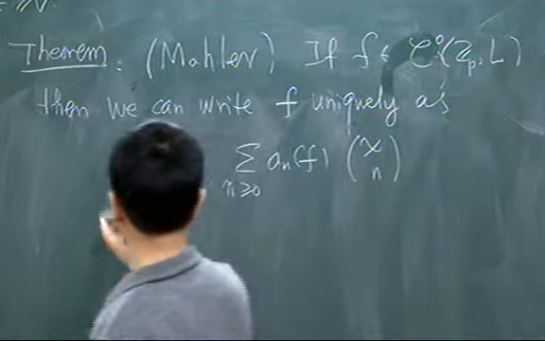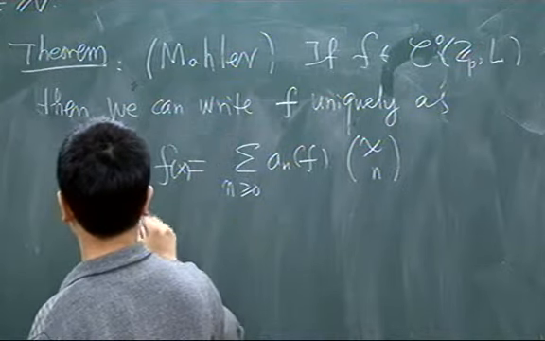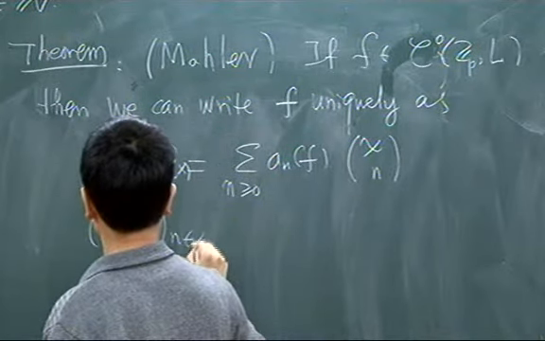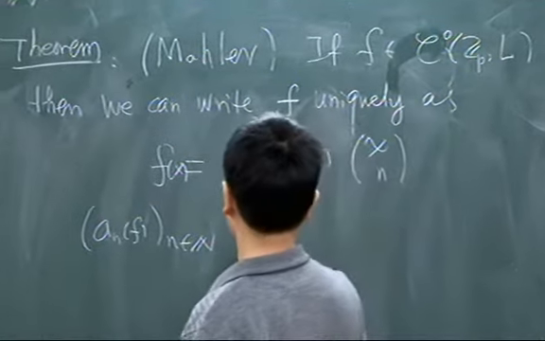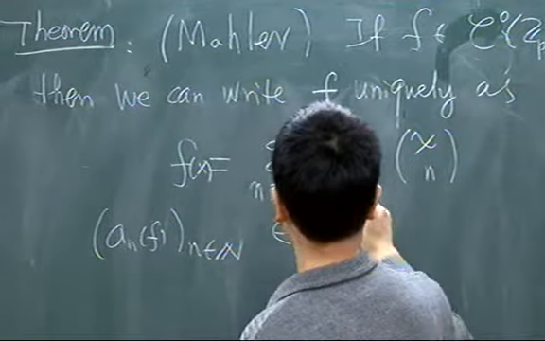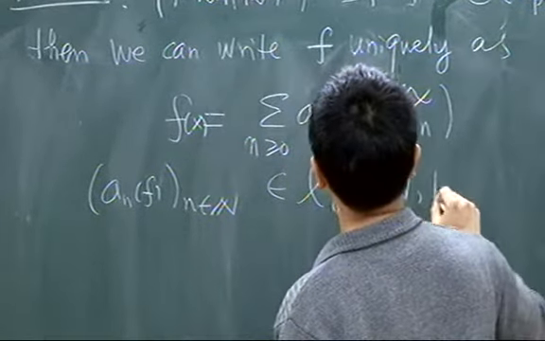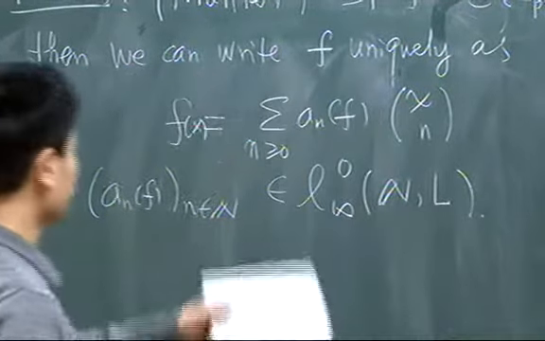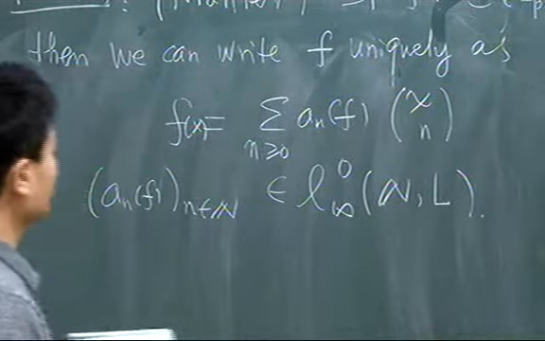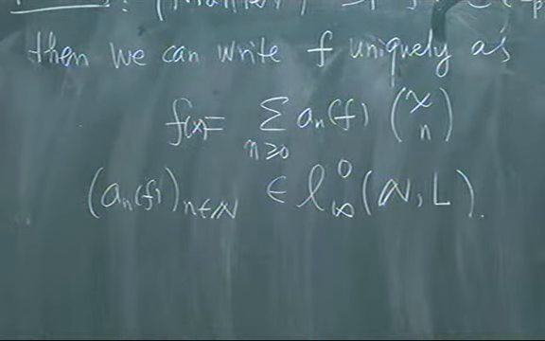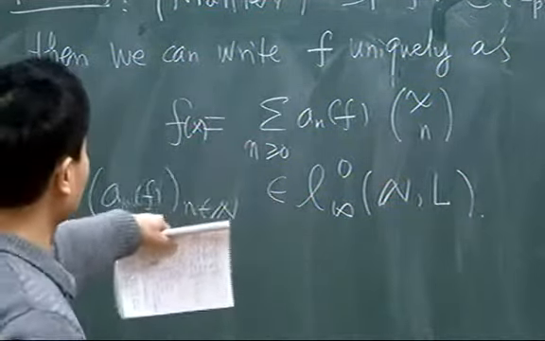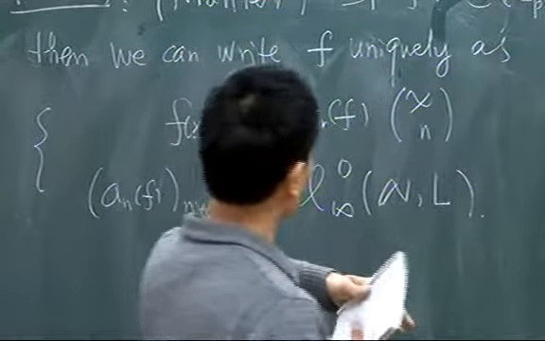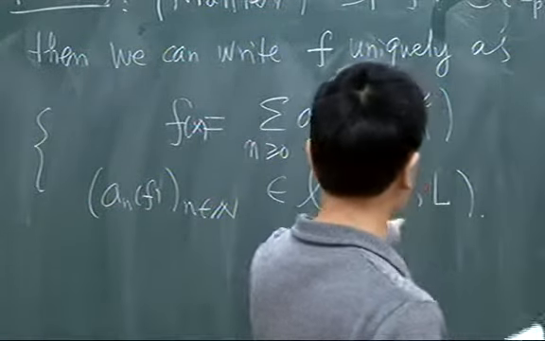And this a_n(f), n in N, is contained in L infinity, tending to 0, in L. So what does this mean? This means the expansion is unique, so you have an isomorphism, an isometry of this space to C0(Zp, L).